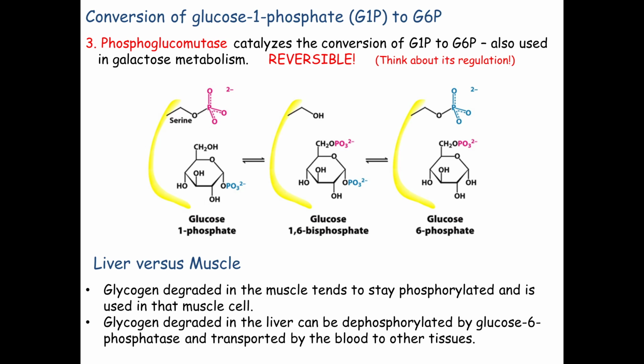Except here it works a little differently. The enzyme that does this has a phosphate already attached to a serine here. Okay, so our glucose 1-phosphate has one on its number 1 carbon, and our enzyme has a serine that's been phosphorylated as well. When the sugar binds, the phosphate from the serine moves on to carbon number 6.